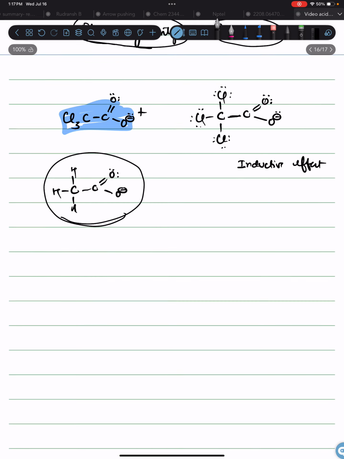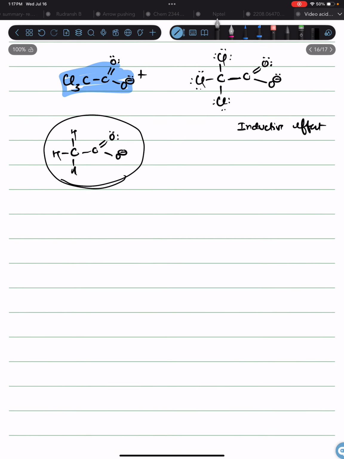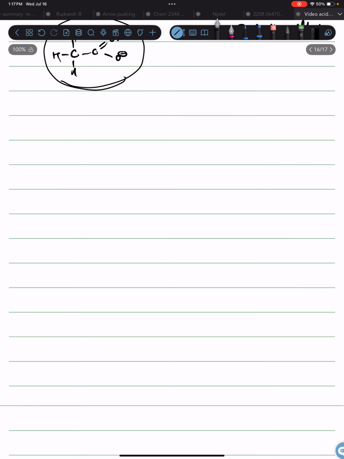Now, here this is the factor. There are three things which will help us in doing this. First is the nature of the electronegative atom, whether it is chlorine or fluorine, connected to the carbon.